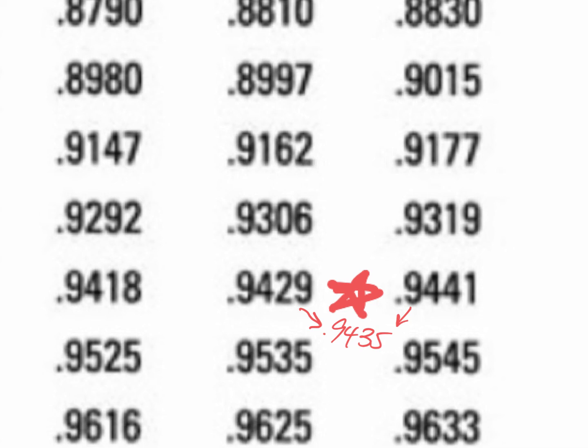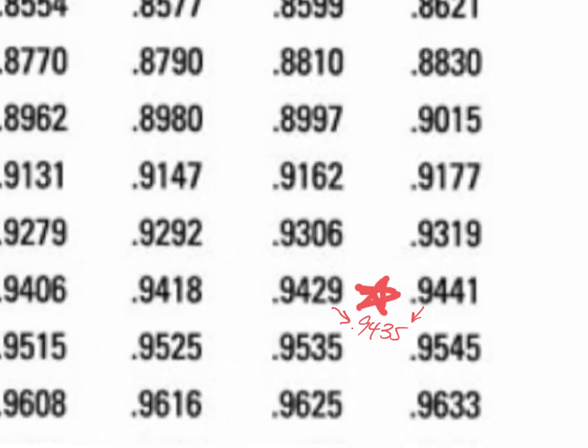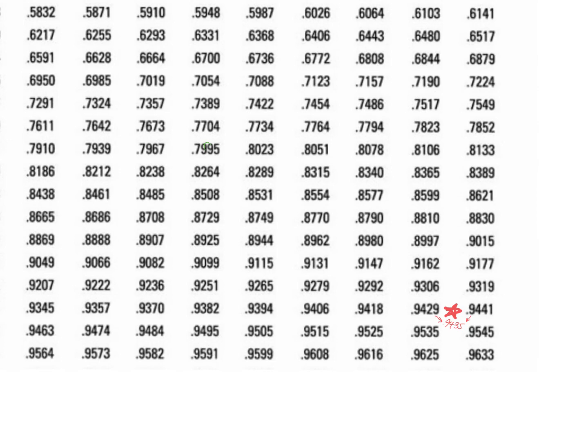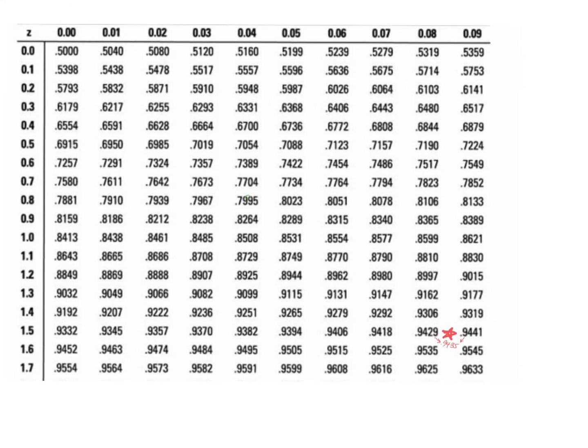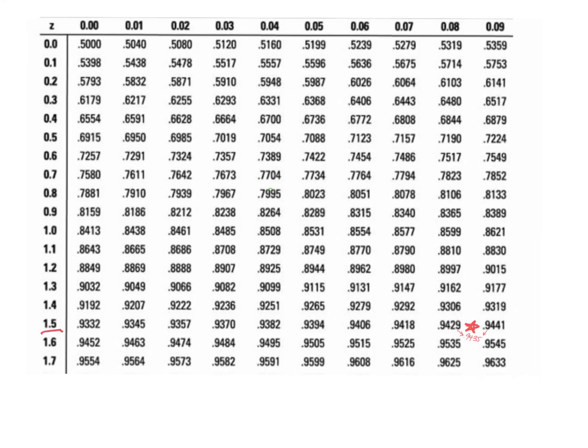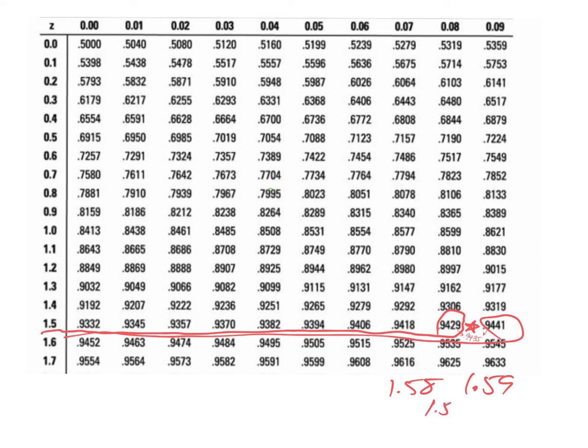So where's he at? Smack dead in the middle. So it's your job to take these two numbers and average them. This is 1.58, and the other one is 1.59. So smack dead in between is 1.58 what? 1.585. So this is the hardest critical value you could ever find.